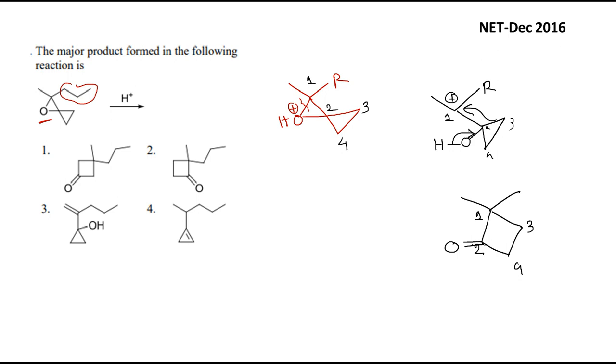You can also, if I do not jump steps, draw it like this, that is formation of 3. So there is positive charge as if, so this OH bond will be broken, there will be C double bond O. But directly also you can draw this, and it is matching with, see, between option 1 and 2, be very careful. Here, if you consider these two alkyl groups, the carbonyl is present just beside, adjacent to it, but here the carbonyl is far. So option 2 is the correct option, right?